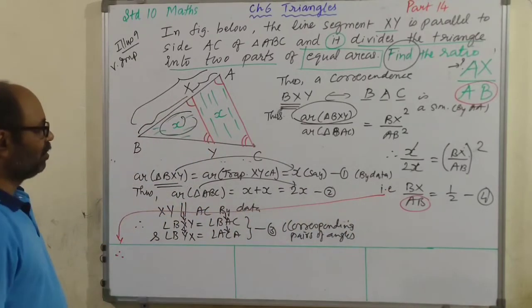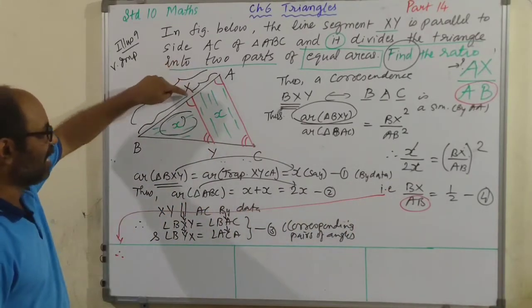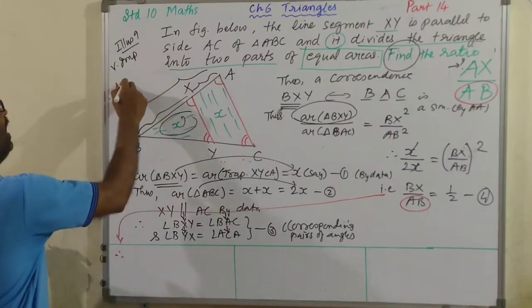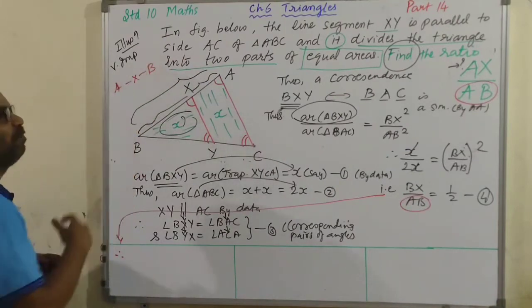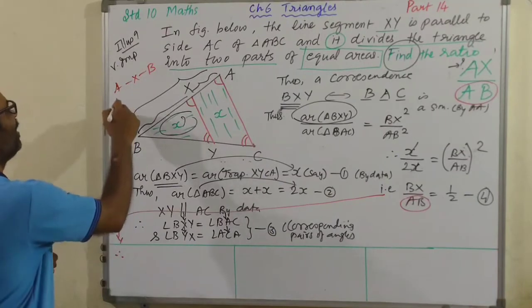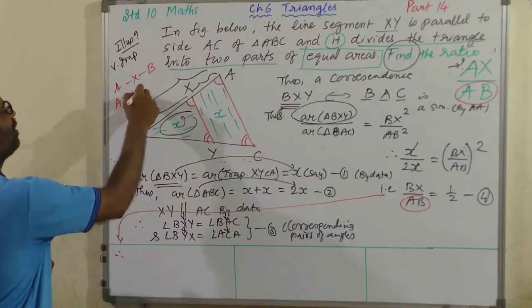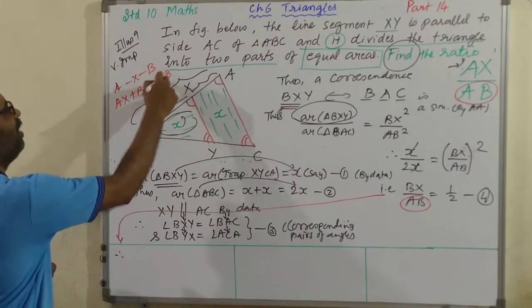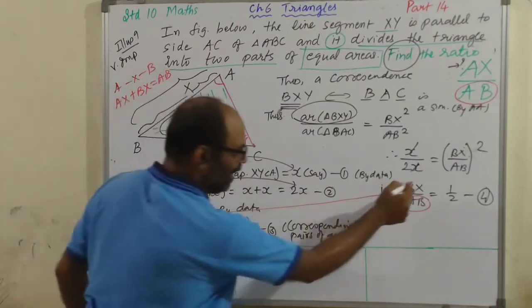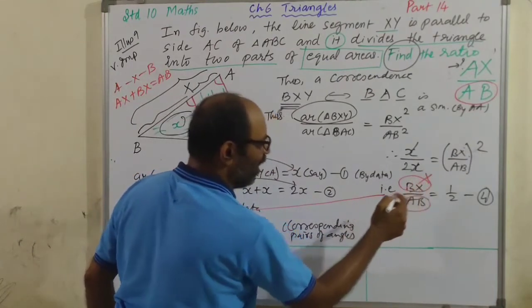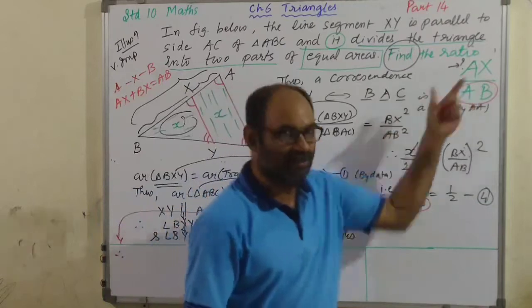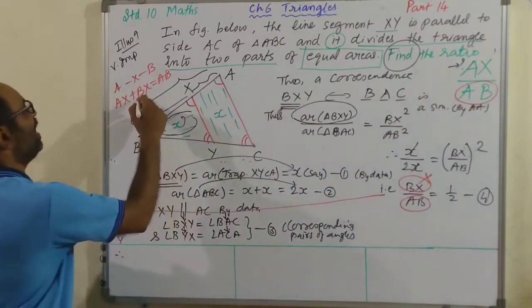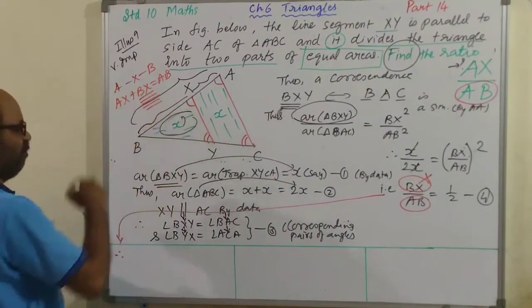Therefore, children, A dash X dash B, is it there or not? A dash X dash B, you have that. So you can say AX plus BX is equal to AB. But I have BX and that is unwanted. I don't want BX, I want AX. So make BX the subject of the formula. Get rid of BX.